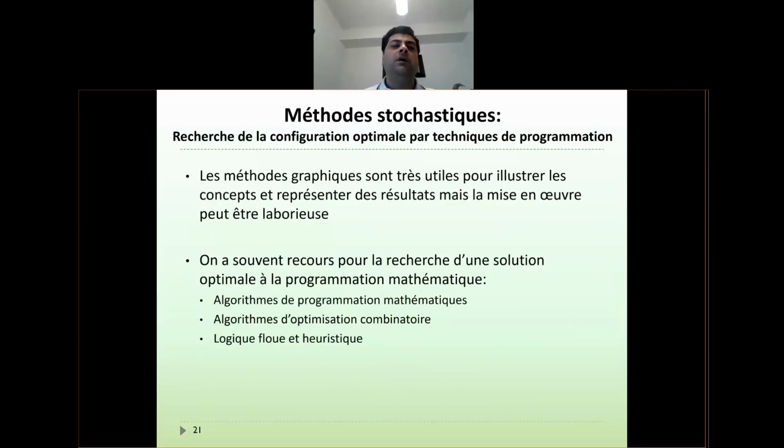So there are optimization methods like stochastic methods for reaching an optimum network of water in the process.